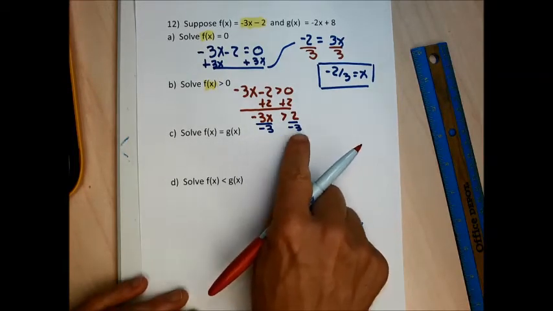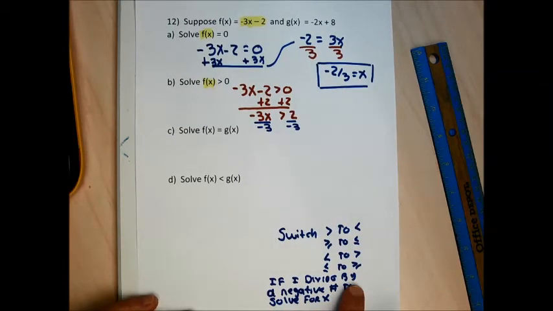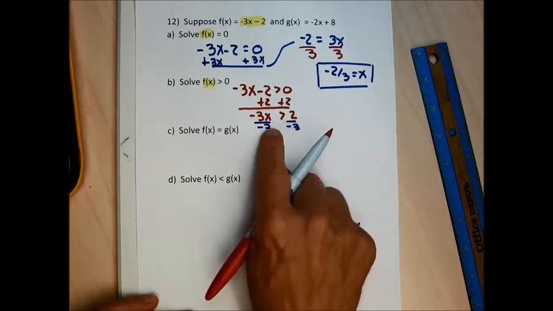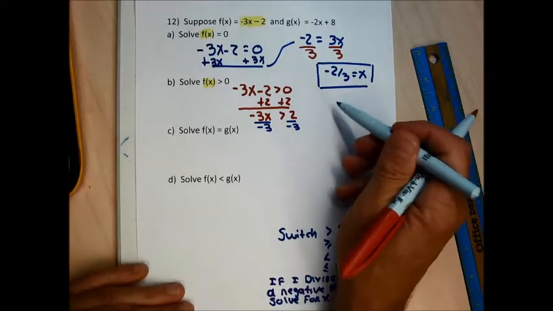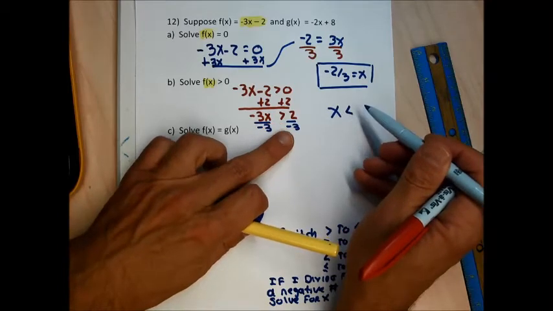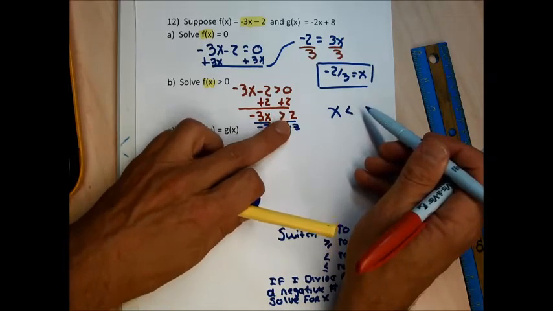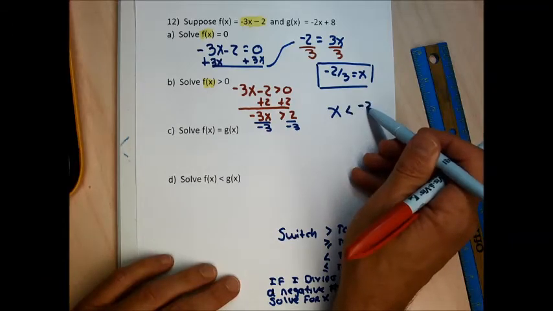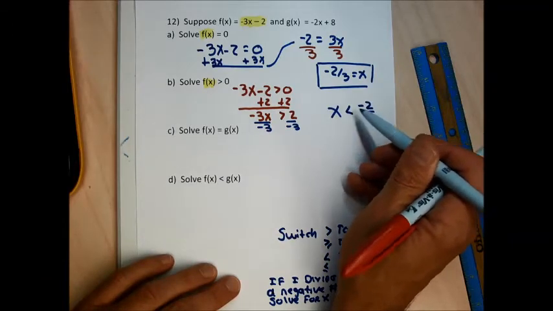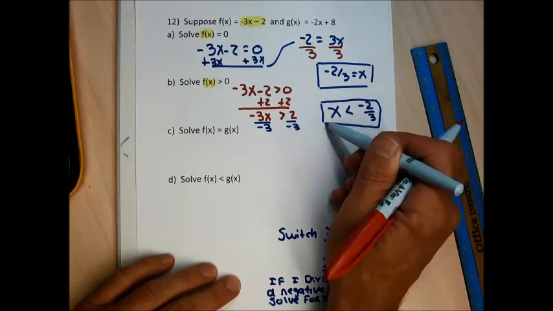If you divide by a negative to solve for x, then you flip the sign. So this is going to give me, on the left side, x. I divide by a negative, so I flip the inequality. And on the right side, 2 over negative 3. It looks funny to me to have a negative in the denominator of that fraction, so I'm going to move it up to the numerator. For my answer to part B, I'm going to say x is less than negative 2/3.